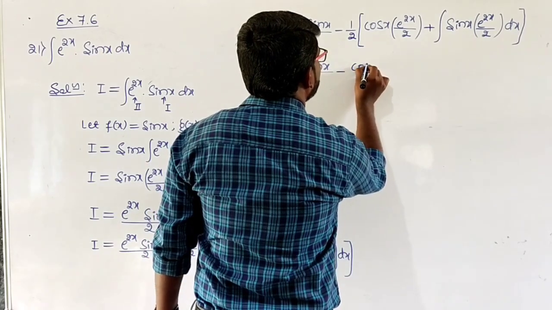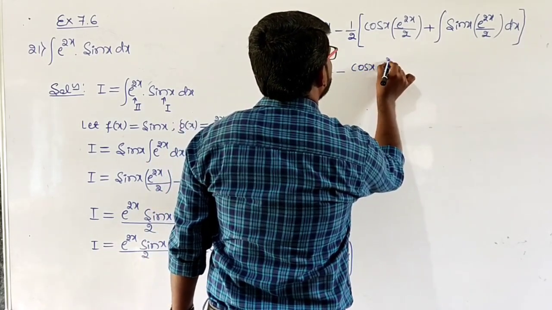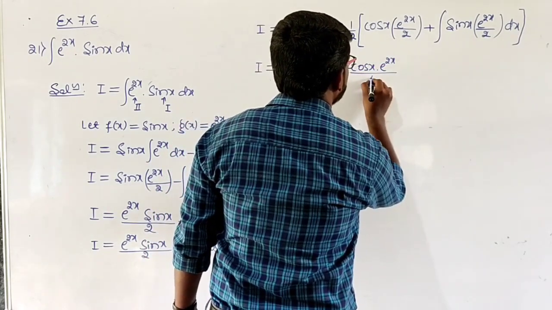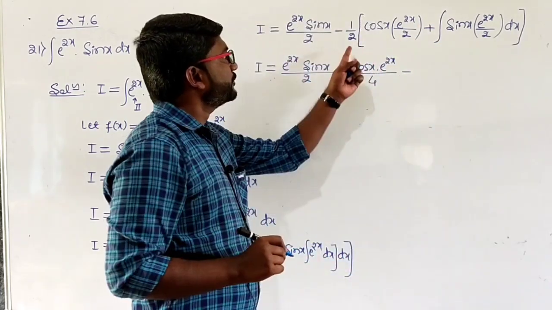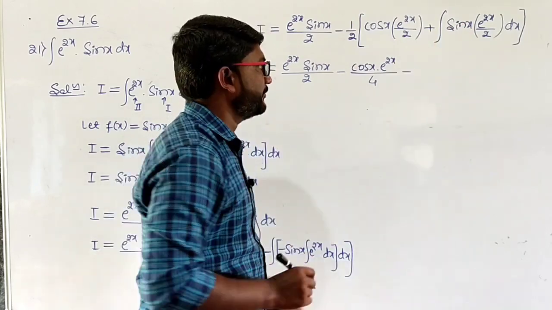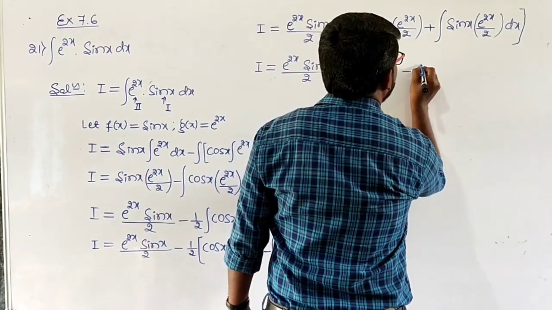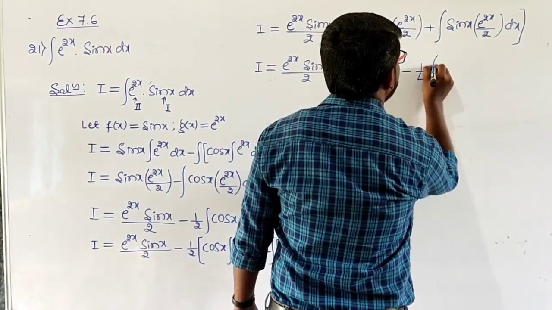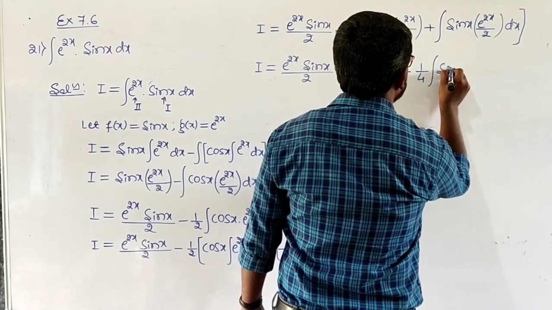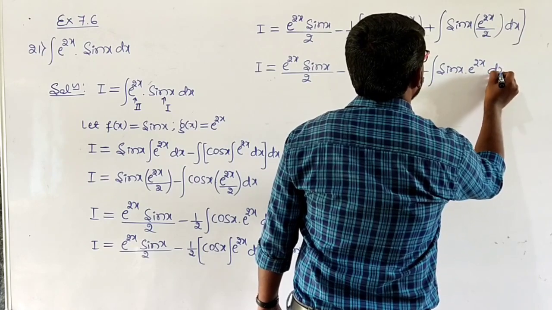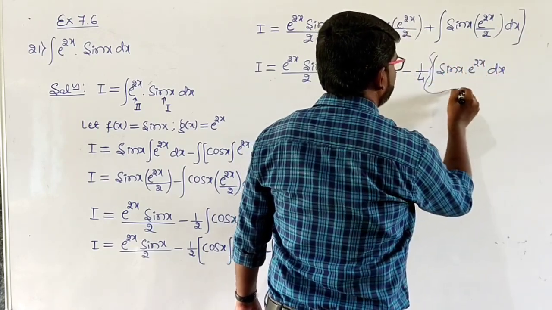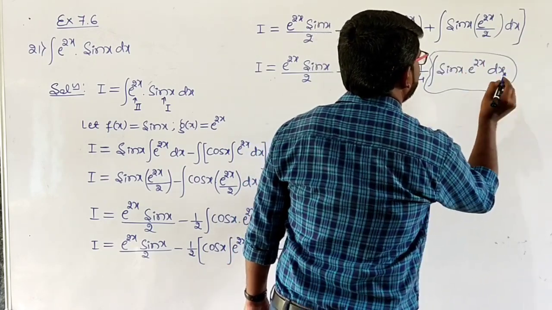We have cos x into e power 2x divided by 4, and then minus into plus is minus, and 2 into 2 is 4. So minus 1 by 4 integral of sin x into e power 2x dx. This is going to be I, the given integral.